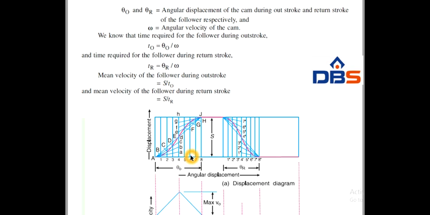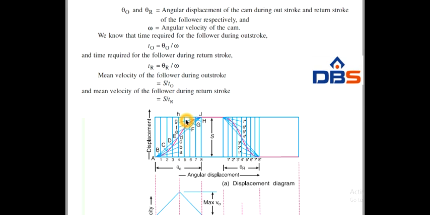The second step is to divide the stroke into the same number of equal parts as we divided the angular displacement. Here it is 8 parts, so divide the vertical stroke into 8 equal parts and name them as small a, b, c, d up to h.